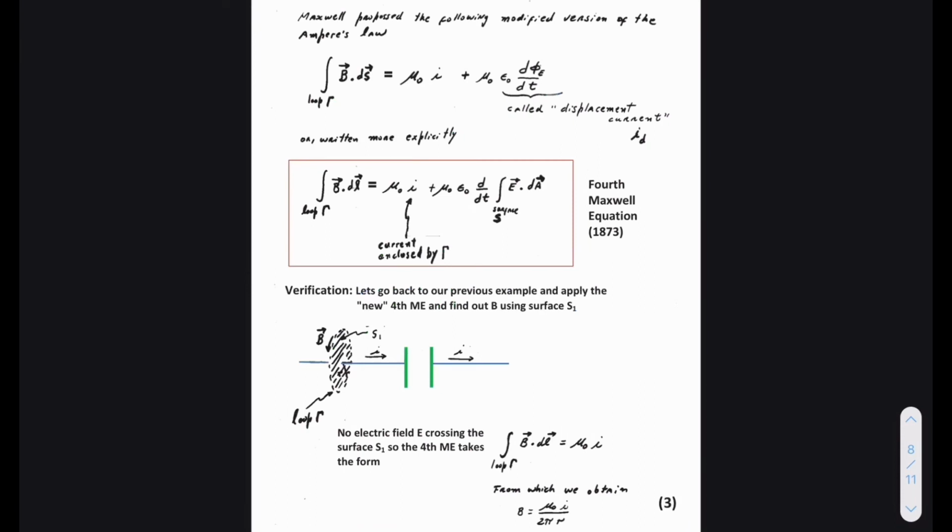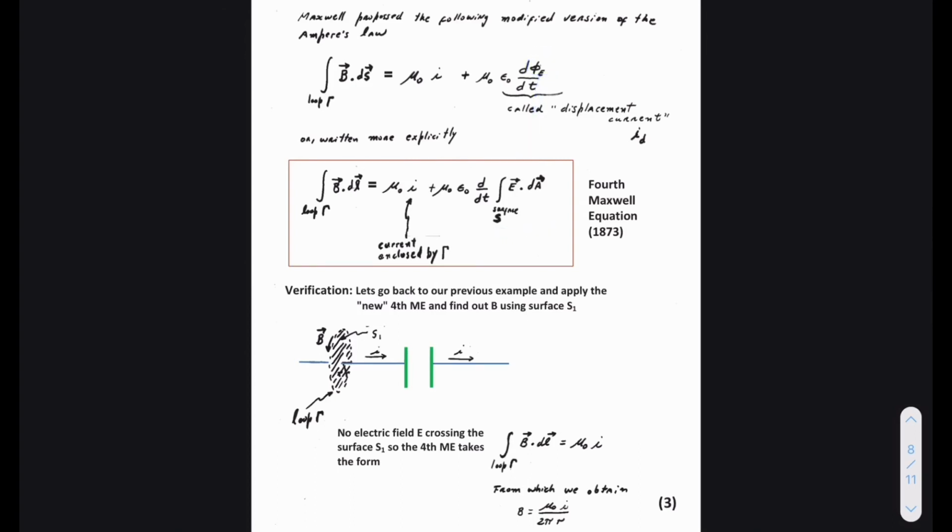So, to correct the inconsistency shown earlier, Maxwell proposed to add that extra current term in Ampere's law, and that current is known as displacement current. For a more general case, this electric flux can be written as a surface integral of the electric field.